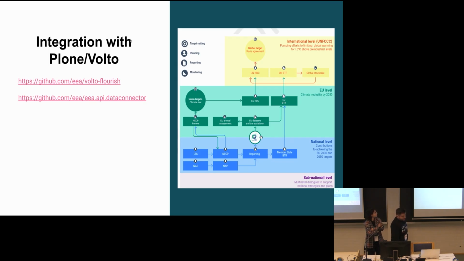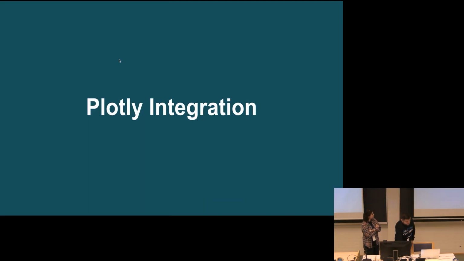Again, the front-end package is Volto Flourish, also open source, and the EEA API data connector, so you can get all the data. Now I will let Anna talk a little about Plotly.